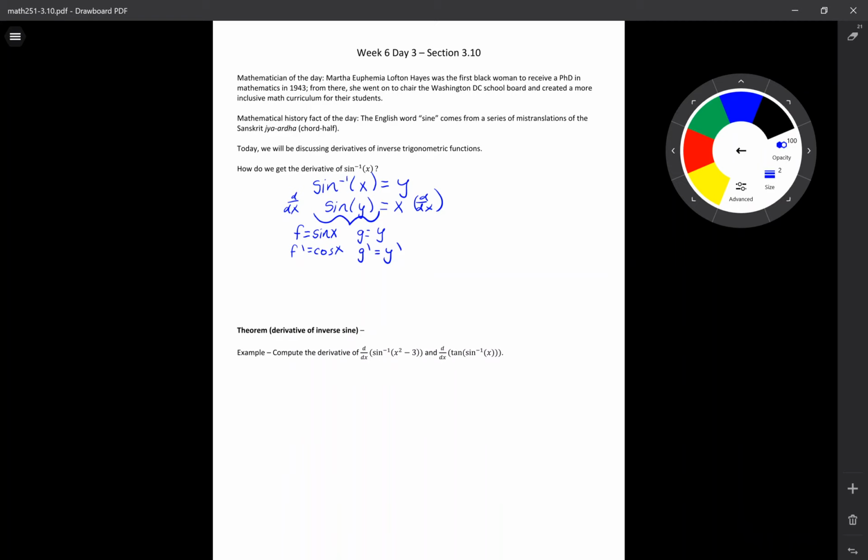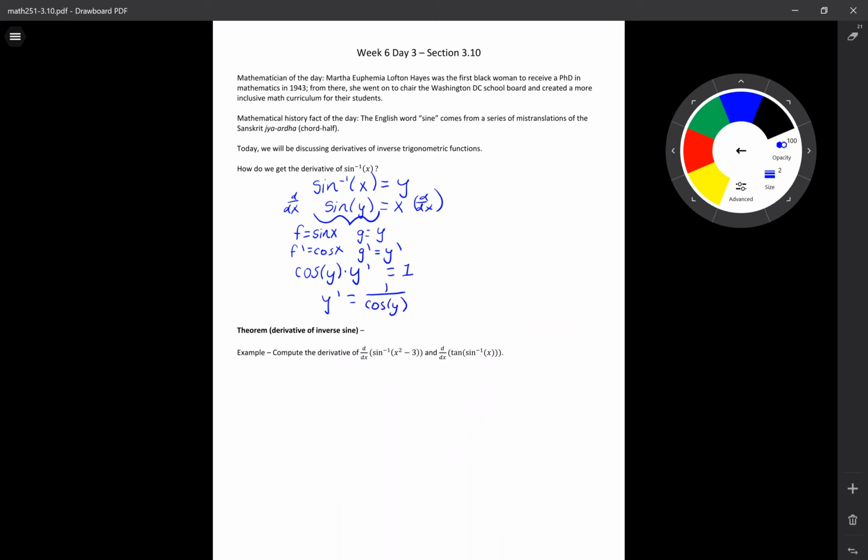So I would get f prime of g times g prime is equal to the derivative of x, which is just equal to 1. So then solving for y prime would give me y prime equals 1 over cosine of y.